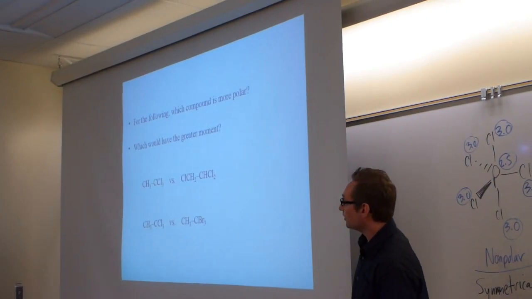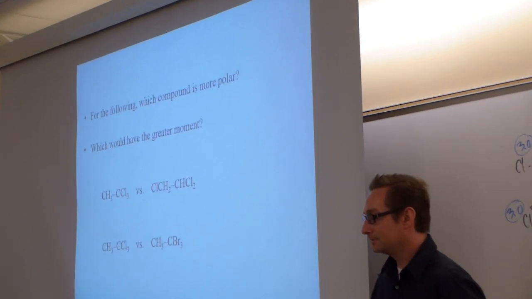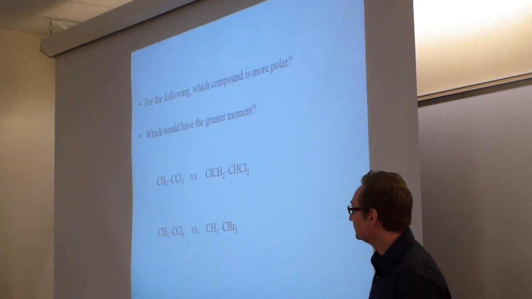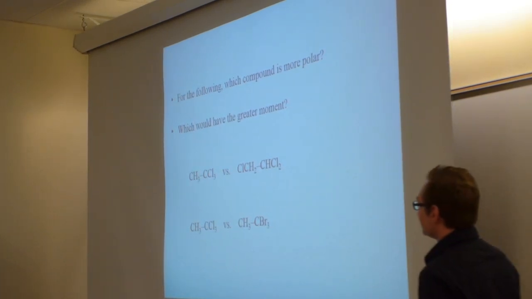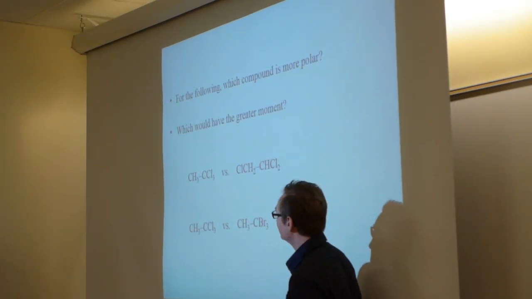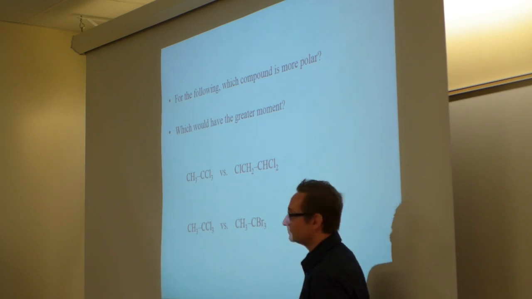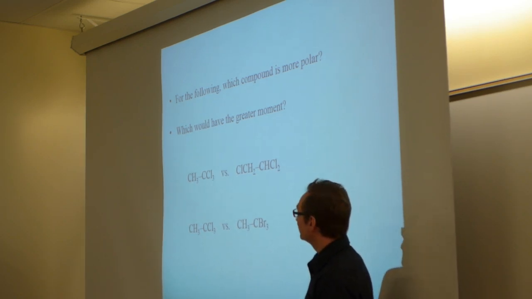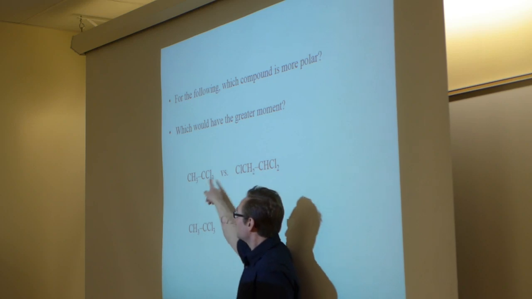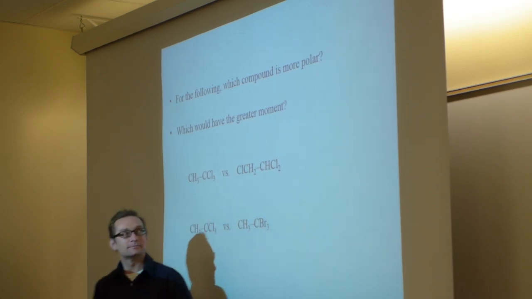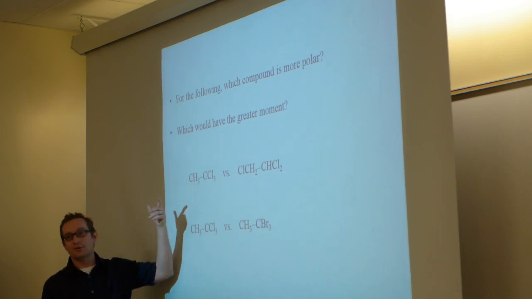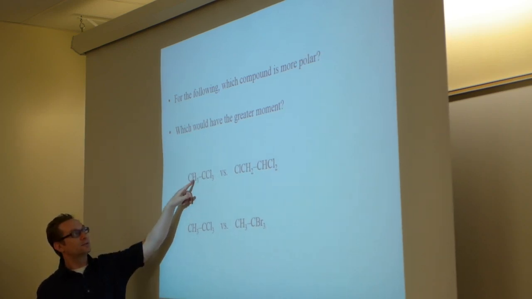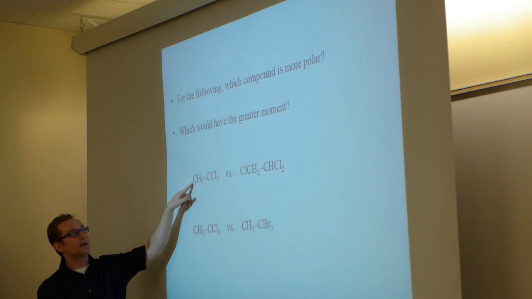Which compound is more polar? Between these two, in this one you've got two inner atoms, two carbon atoms. On the carbon atom on the left, you've got 3 hydrogens.